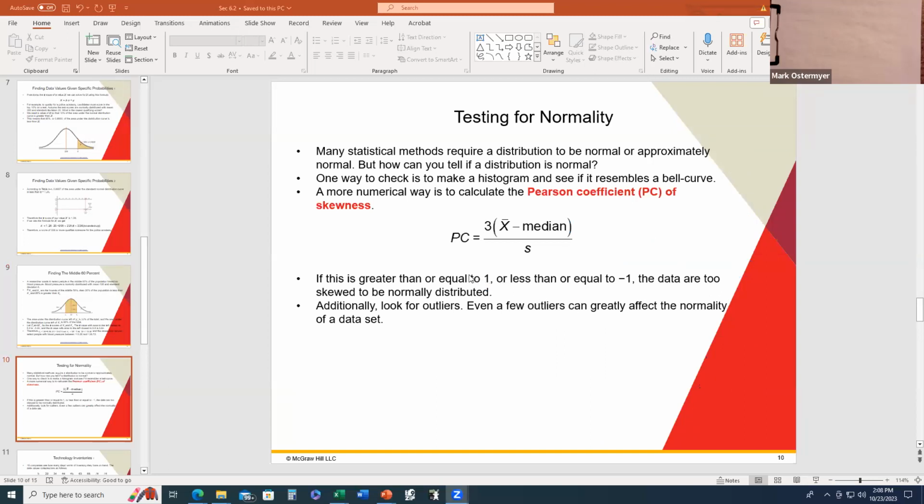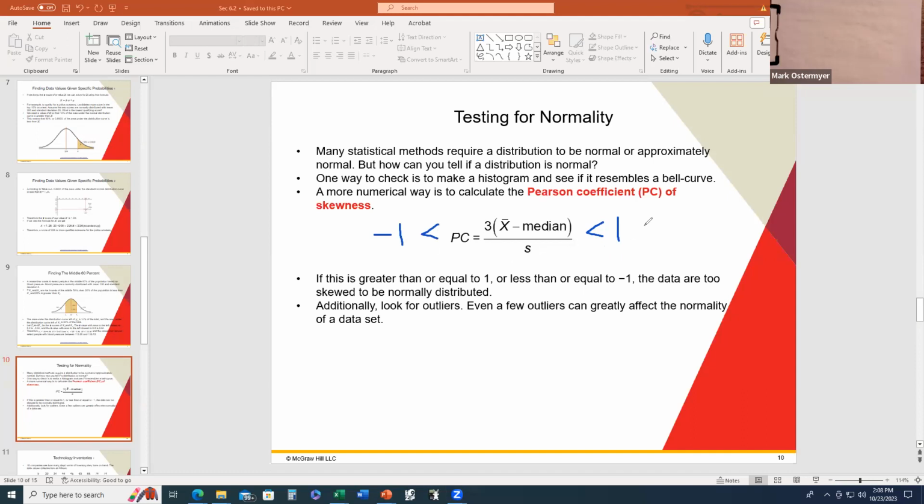This is a crude test for normality. Ladies and gentlemen, I've never really worked with this much. In all honesty, I've never really seen it in any other textbooks other than this one. I don't know why it's here, but it's called the Pearson coefficient of skewness. I don't know if I'm going to even assign problems with regard to this, but basically the way it works is this: if you have a data set and you compute the mean and the median and the standard deviation of that data set, and you put those values into this formula here, if this coefficient lies between 1 and -1, then we would accept our data as being approximately normally distributed.